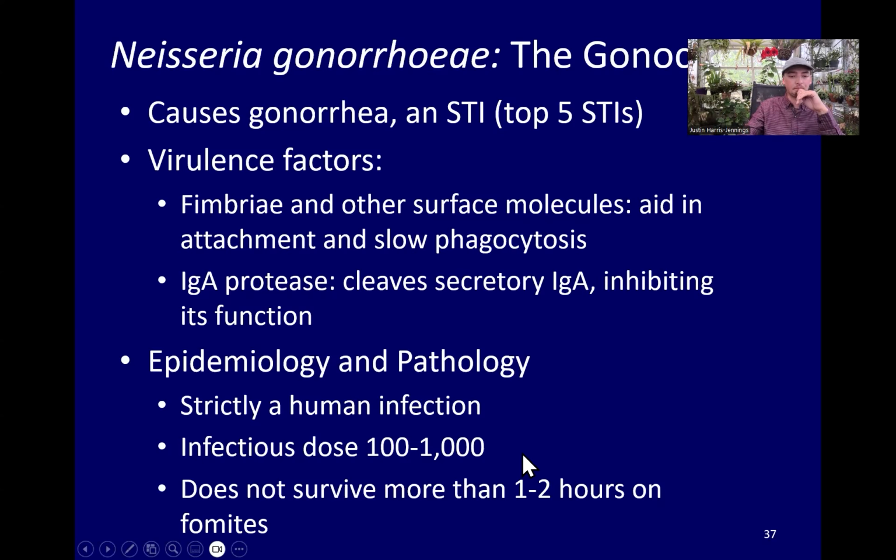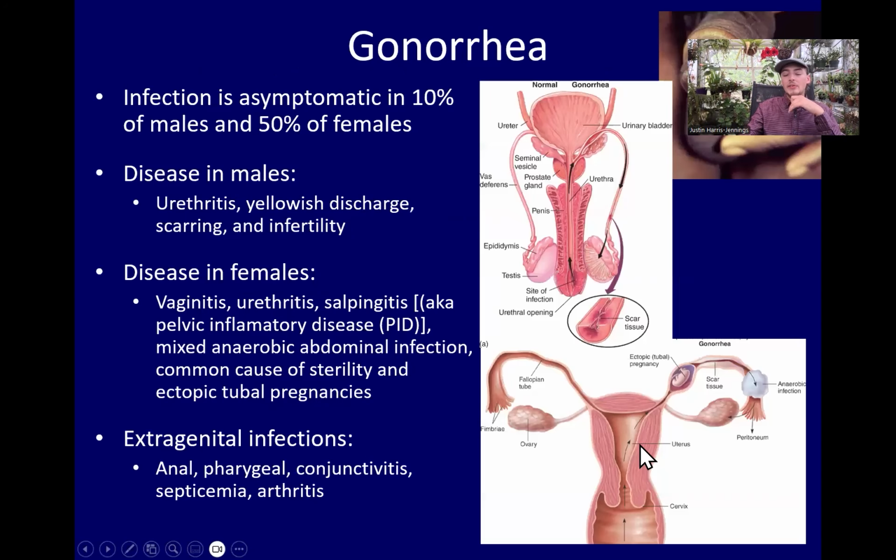Typically, you only need 100 to 1,000 of these cells to become infectious, and it doesn't survive very long outside of the body. It can be asymptomatic, and it creates discharge and inflammation. It can cause other infections because it can compromise the mucosal immunity, and it can cause pregnancy issues as well.